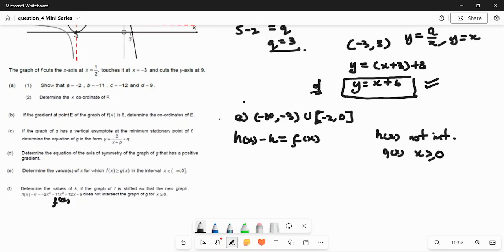So we are asked what values of k make this function satisfy that statement. So I can rewrite this and say h of x is equals to f of x plus k.